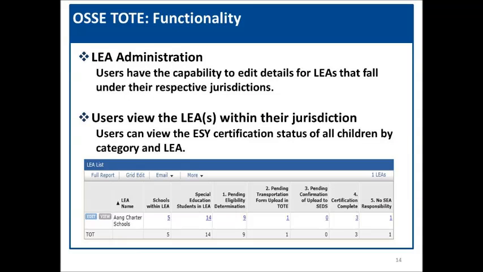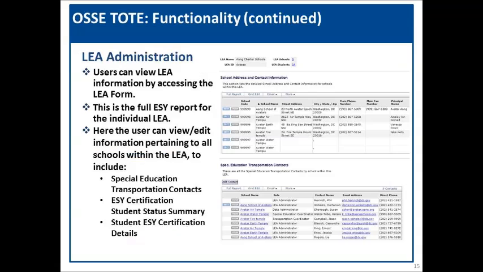For TOTE functionality, LEA administration. Users have the capability to edit details for LEAs that fall under their respective jurisdictions. Users can view the ESY certification status of all children by category and LEA. Users can view LEA information by accessing the LEA form.